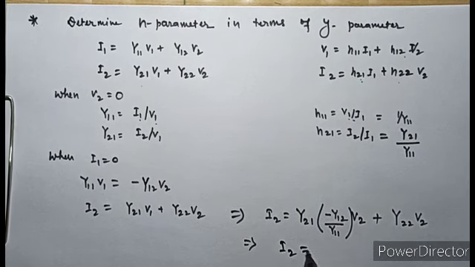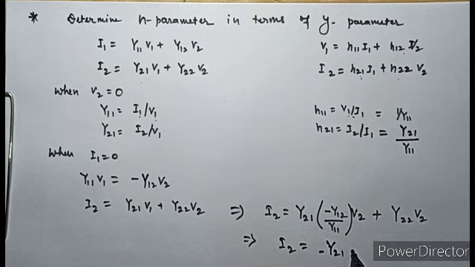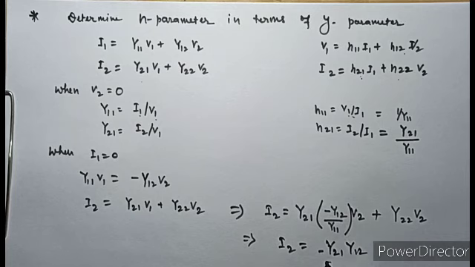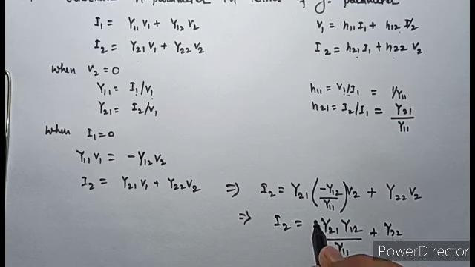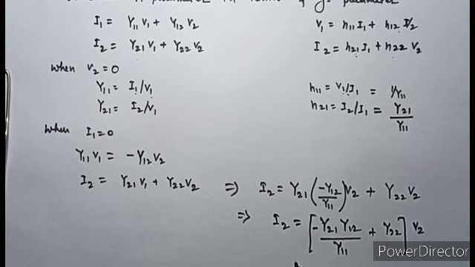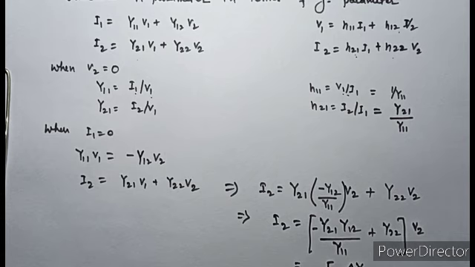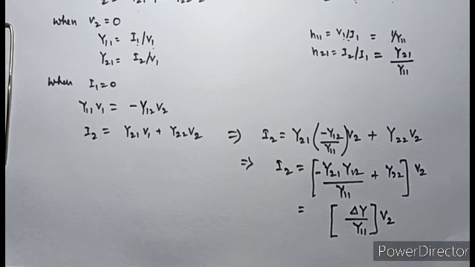And I2 is equal to, now taking v2 as common, this will be minus of y21 y12 by y11 plus y22, and this is v2, right? After simplification, this will be nothing but delta y by y11 v2.